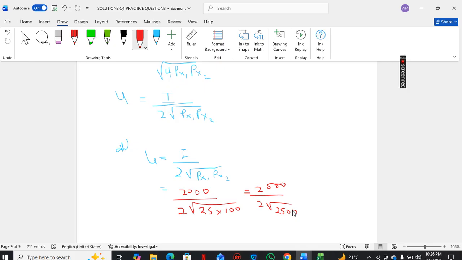Yes, the square root of 2,500 is 50. So we get 2,000 over 2 times 50. 2 times 50, that is 100. Remove the 2 zeros there. The maximum satisfaction is 20 utils. Okay? 20 utils. That's the maximum satisfaction you can get when you consume bread and sausages.